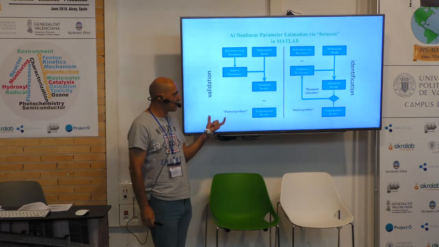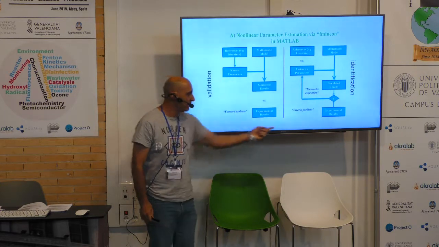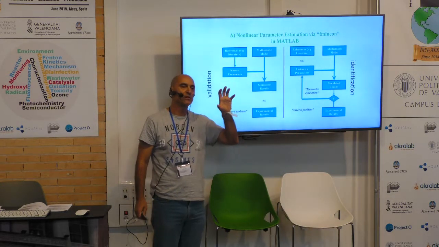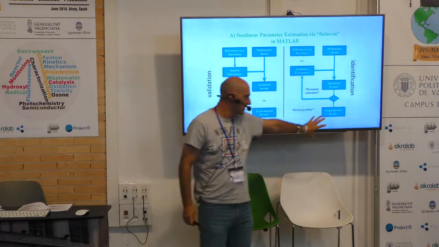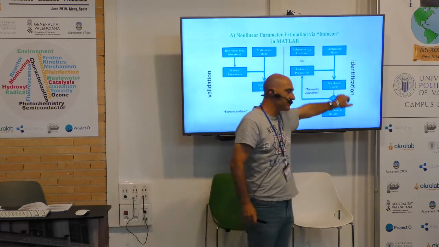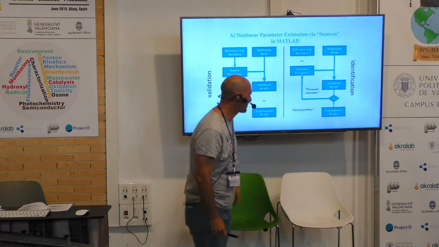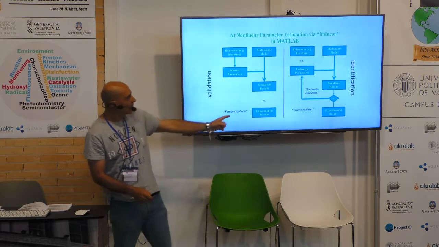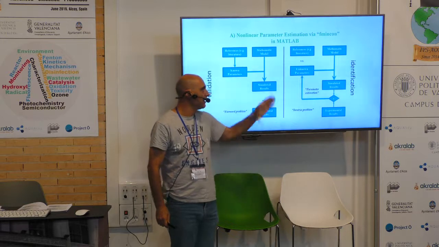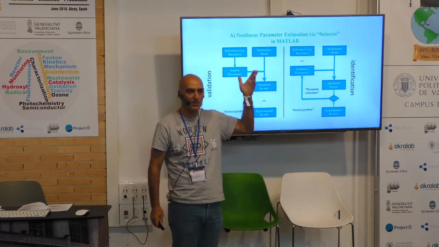So in the first step, you have to separate your data. You use some of the data to do identification, which is actually getting the unknown parameters. And once you end there, you have your model solved.